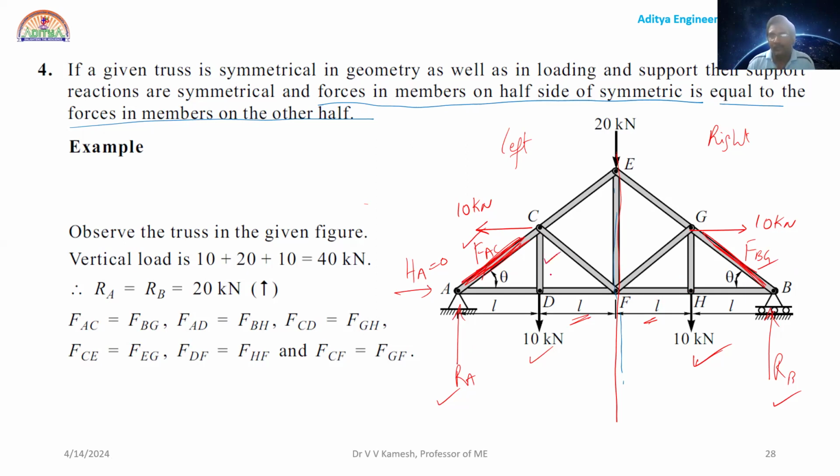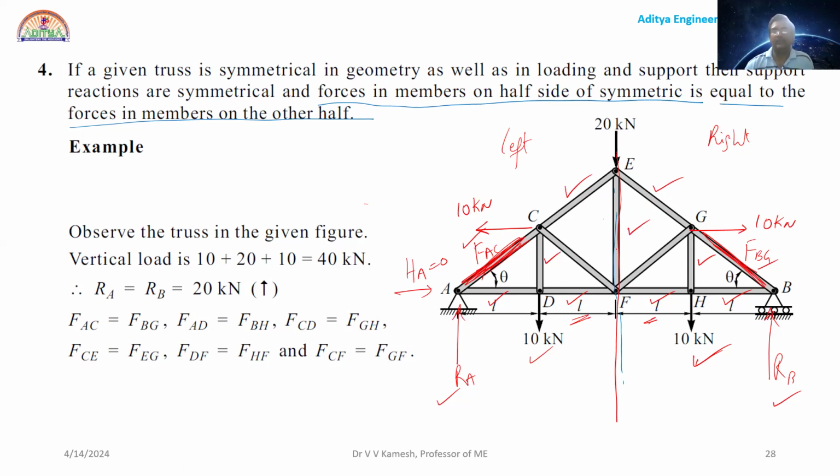So you calculate CD, you need not calculate the force in GH. You calculate AD, you need not calculate BH. You calculate DF, you need not calculate FH. You calculate CE, you need not calculate EG.